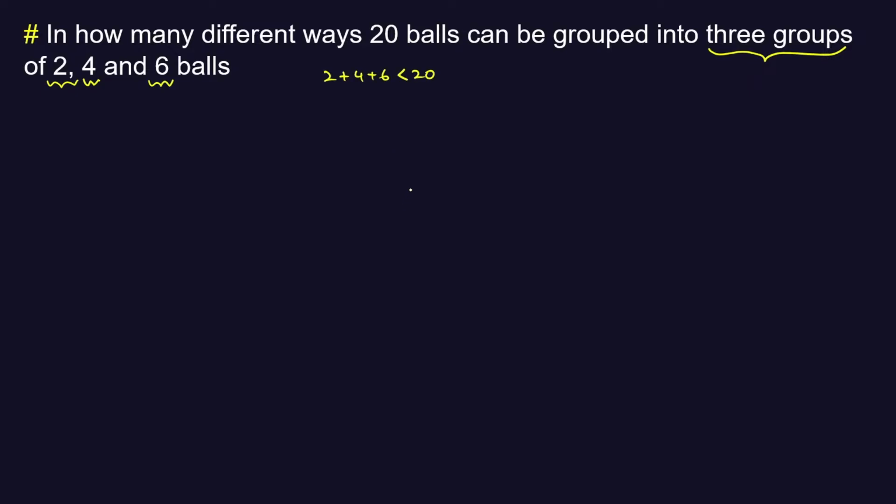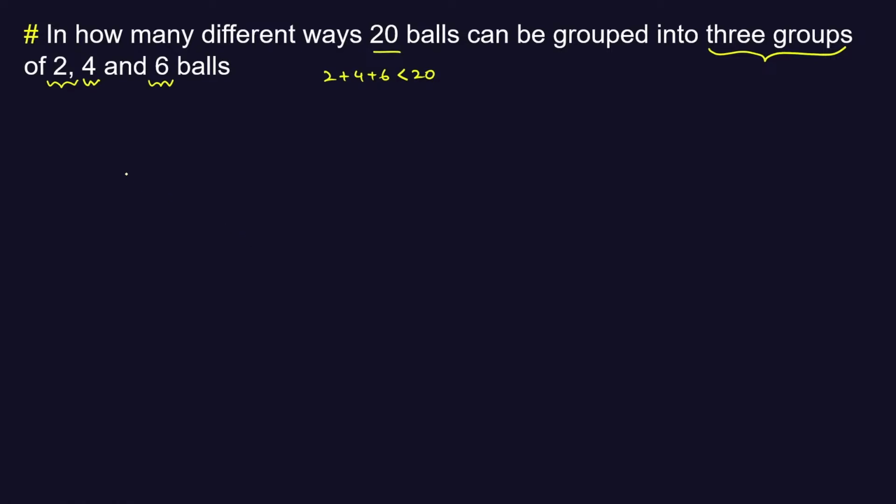Am I correct? So here the total number of balls is not being distributed. We are forming 3 groups which will contain a total number of balls less than the available number of balls. In that case, what will happen?